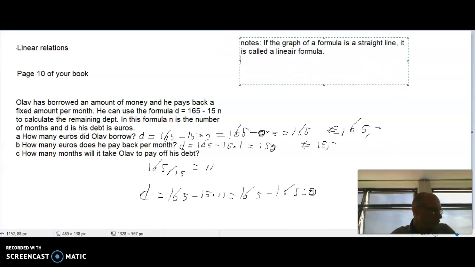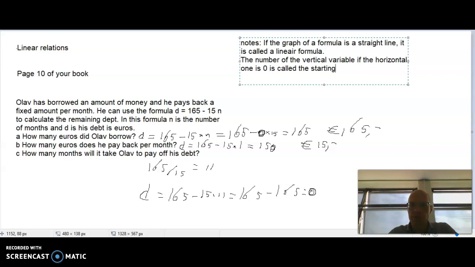And the number of the vertical variable if the horizontal one is 0 is called the starting value.